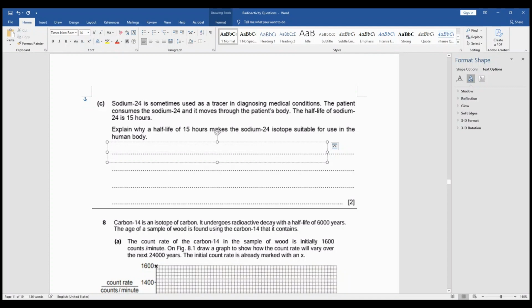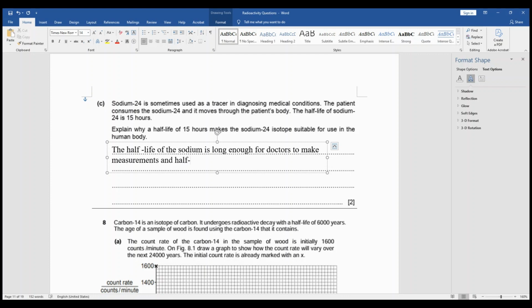Okay, let's look at this question. 2 marks. I want to make 2 points. Number one is the half-life of the sodium is long enough for doctors to make measurements. And at the same time, it must be short enough so that the body does not receive too much radiation.